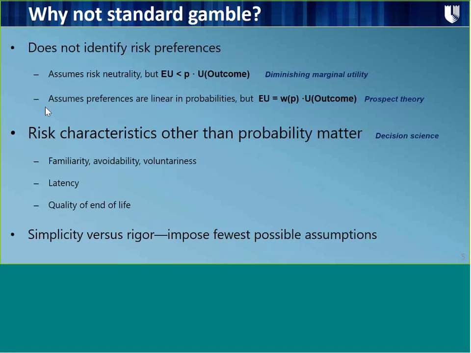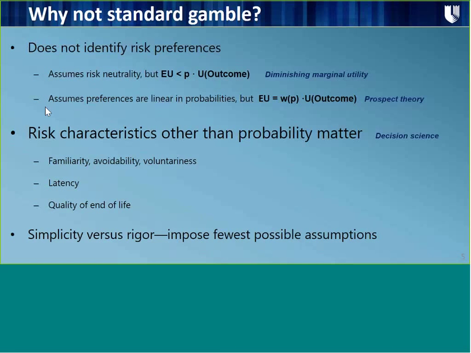They're also concerned about latency. That is, outcomes that occur later in the future are regarded quite differently than outcomes that are earlier in time. And there's a question not only of instantaneous painless death, but the quality of life at the end of life that could influence people's preferences for bearing mortality risks.